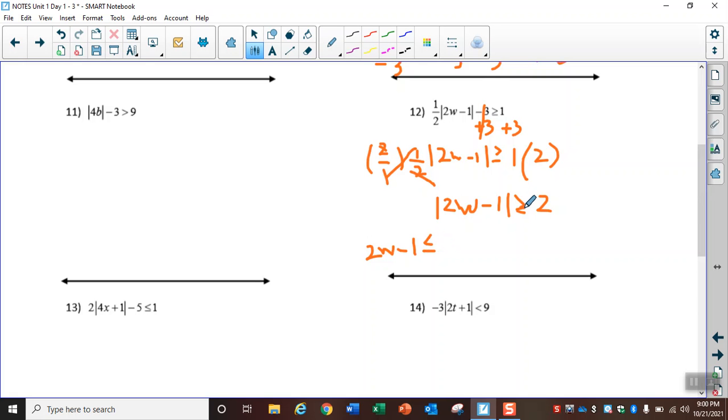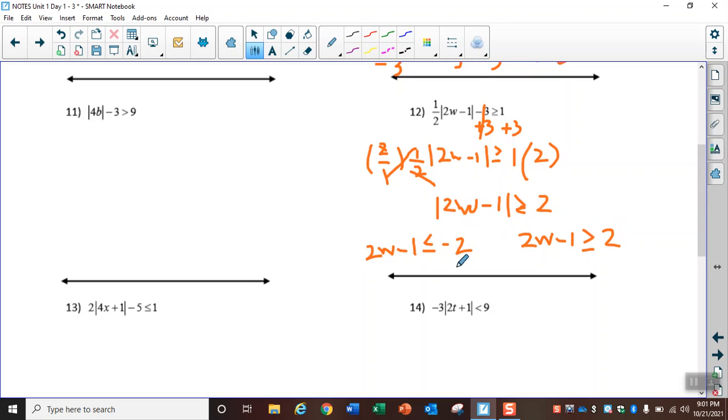It goes from greater than to less than, and then flop. The opposite of 2 is negative 2. There's my flip-flop. And then I come over here, and I'm just going to write 2w minus 1, just like what's inside. Just leave it just like it is, greater than. You only do one flip-flop.